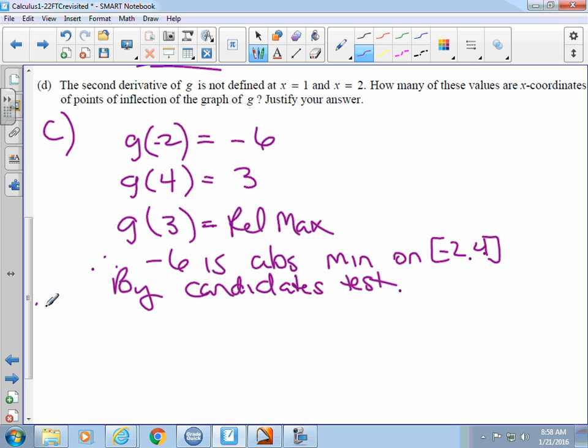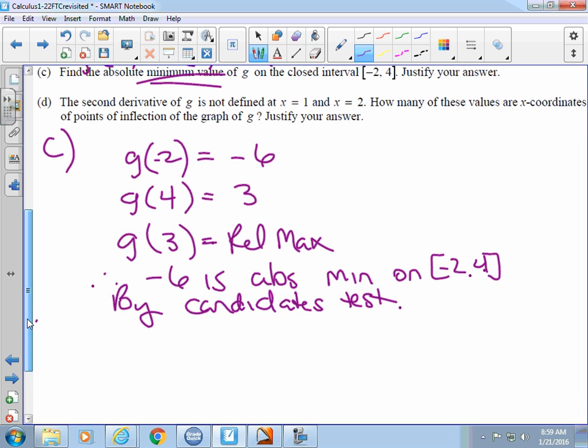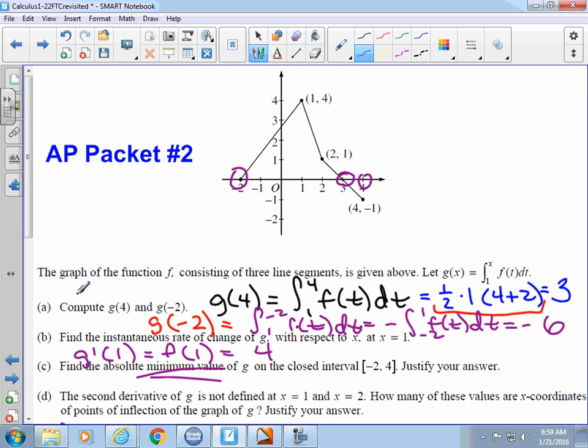Part D. The second derivative of g is not defined at 1 and 2. So, Hunter, that was our discussion earlier. They're not leaving anything up to us, they're saying it's not defined at 1 and 2. How many of those x coordinates are points of inflection? They may ask this question without even telling you that. They may just say, what are the points of inflection?